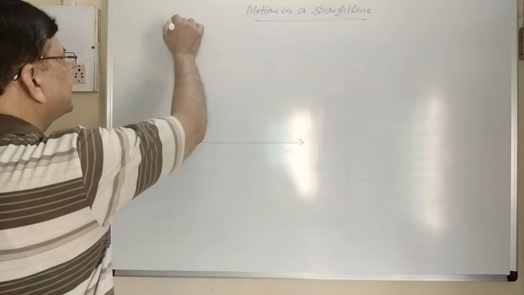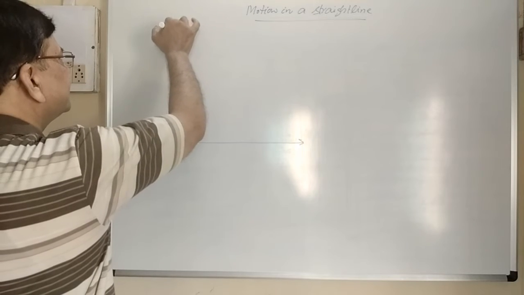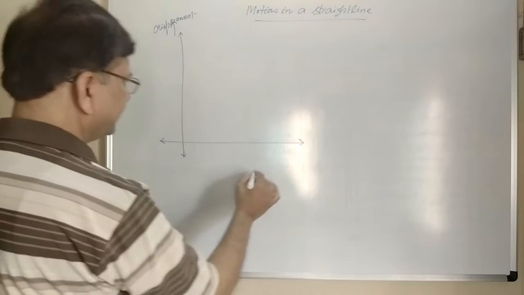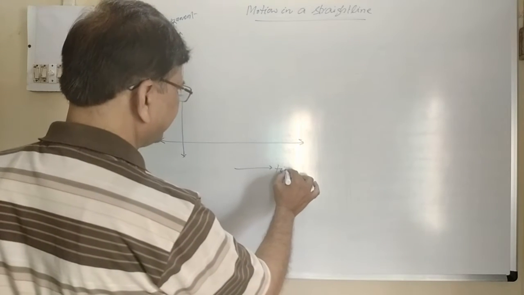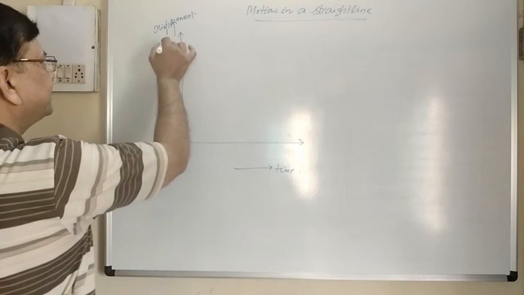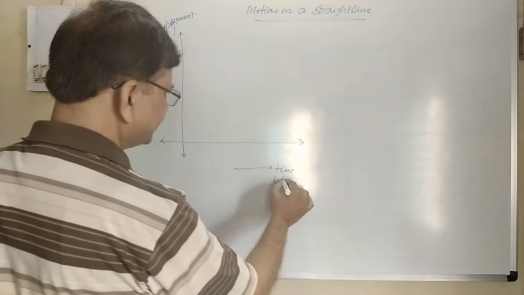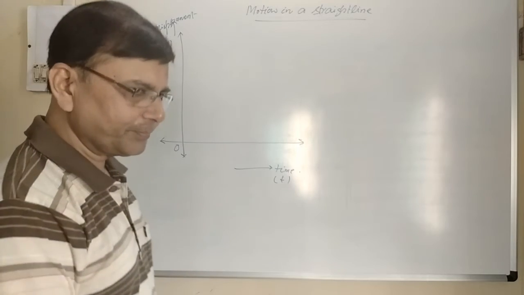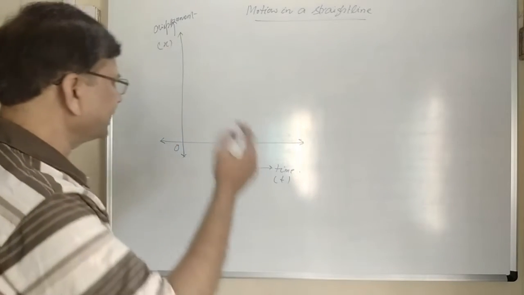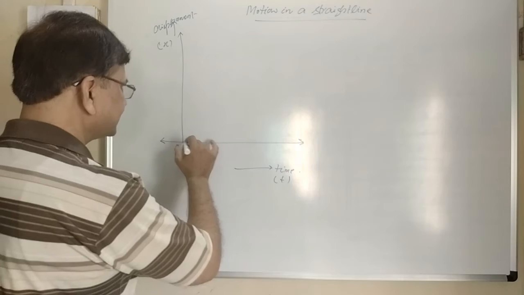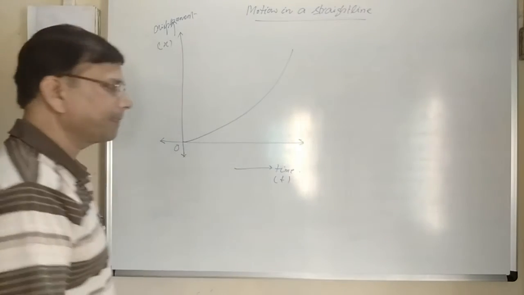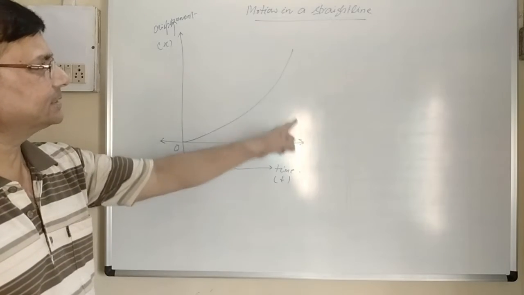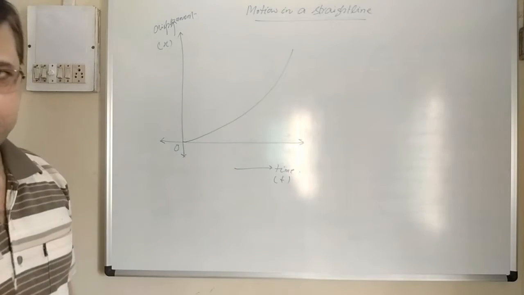In this direction is displacement, denoted by x, and in this direction we have taken time. This is the origin 0. Now suppose we plot the graph, and the graph is something like this. At different instants, different displacements. So we get this kind of graph.